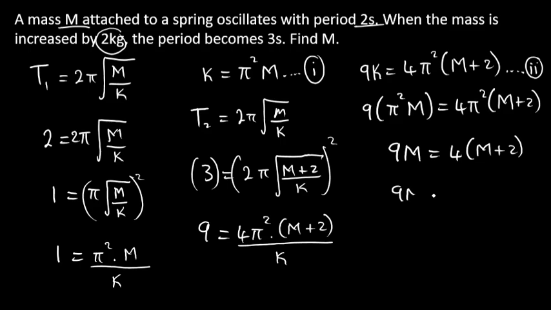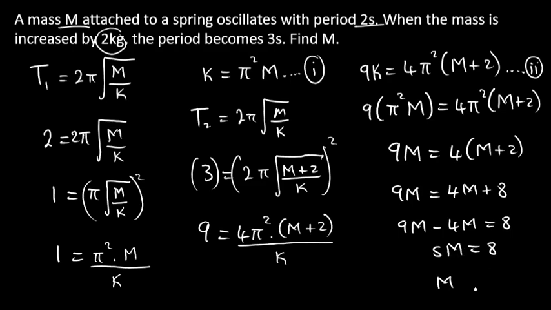So this will be 9m is equal to 4m plus 8. So 9m minus 4m is equal to 8. So this is 5m is equal to 8. Hence the value of m is simply 8 over 5, which is 1.6. So that mass m was simply 1.6 kg.